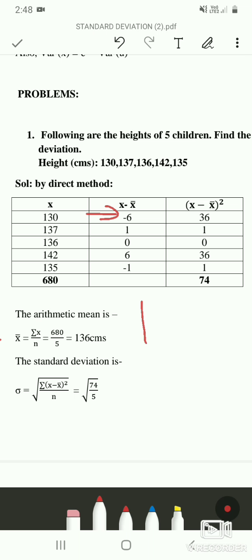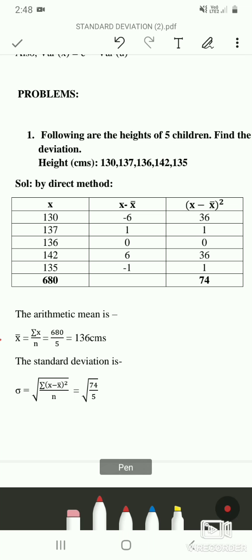Note that in the case of mean deviation we had a modulus sign wherein we ignored the negative sign, but here there is no modulus sign, so you should write the negative sign as well. So 130 minus 136 is minus 6, 137 minus 136 is 1, 136 minus 136 is 0. Similarly calculate for each value of x.